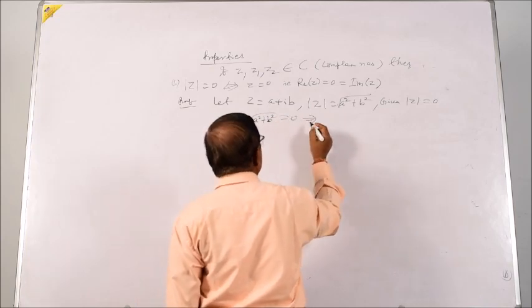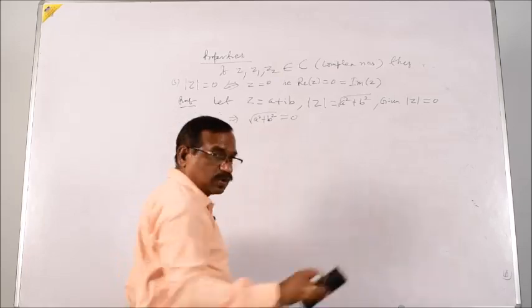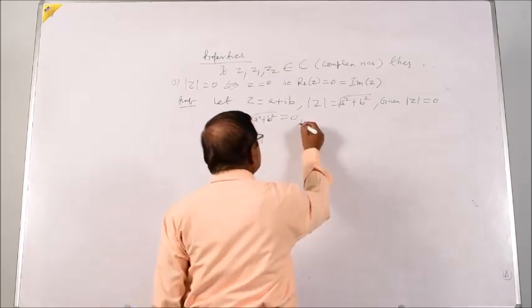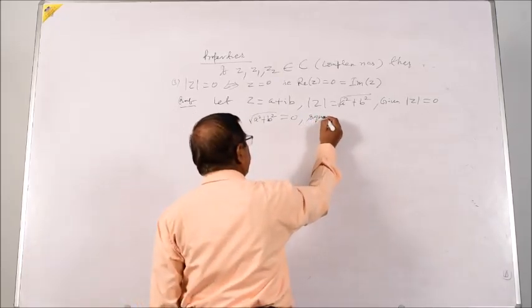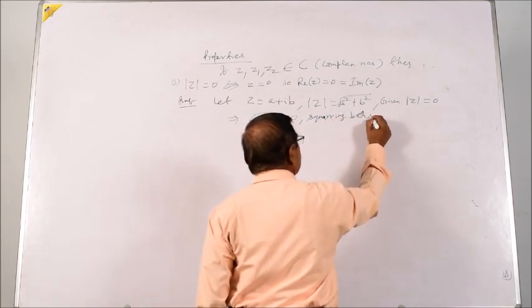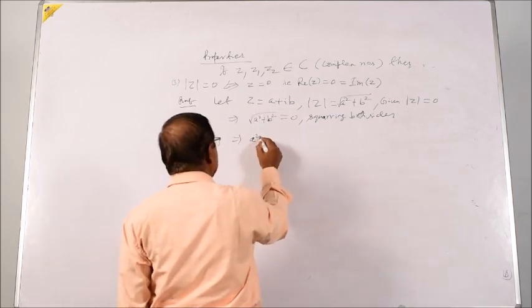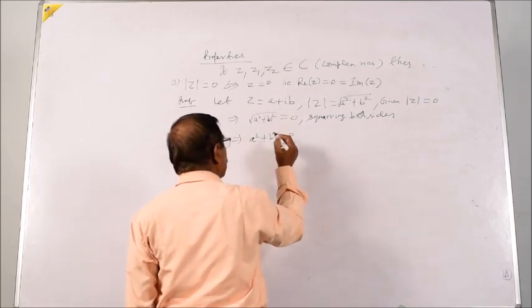Let us be clear step by step. Squaring both sides, what you get? That is a square plus b square is 0.